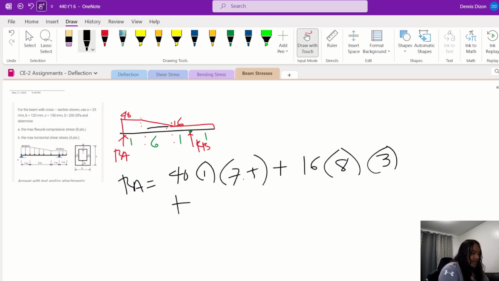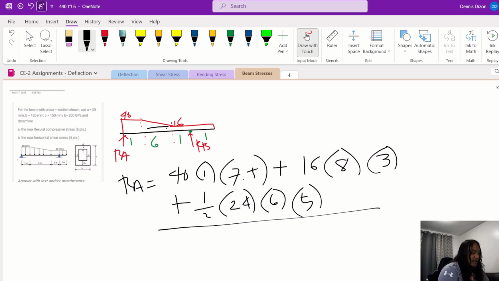and then plus the triangle, which is one half of 40 minus 16, which is 24, times 6, and the moment arm from B is 2/3 of 6, which is 4 plus 1, times 5, then divided by 8.